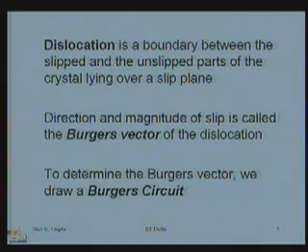If the meaning of the slipped part, unslipped part and the boundary of these regions is clear, then I have to say something about the extent of slip. While trying to create this dislocation, I said I will push the top part by one interplanar spacing, so that my atoms of the first plane go to the second one in the bottom. If that is clear, then the direction and magnitude of this is called the Burgers vector.